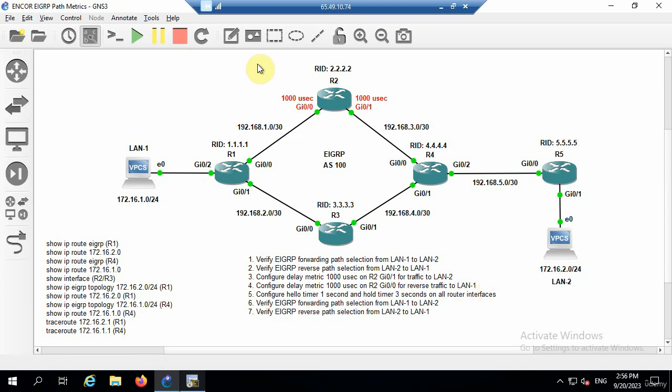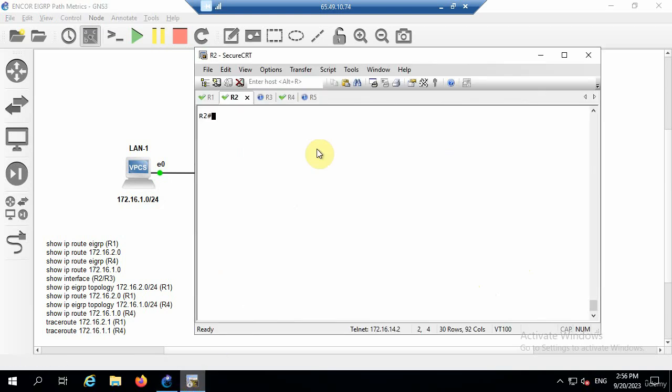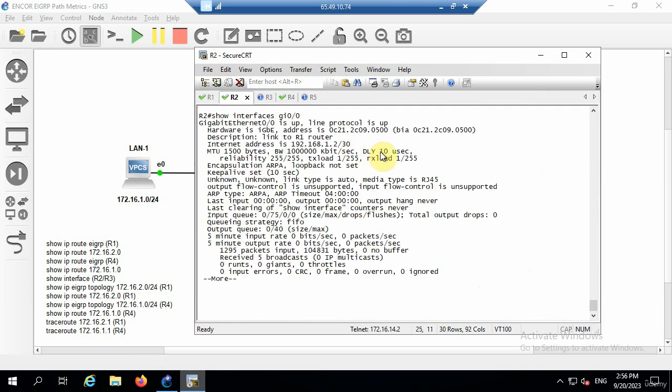I'm going to change the delay to 1000 microseconds on gig 0/0 and gig 0/1 on R2. Before I do that, I just want to show you show interfaces to verify the current delay setting. See there, it's a delay of 10 microseconds.